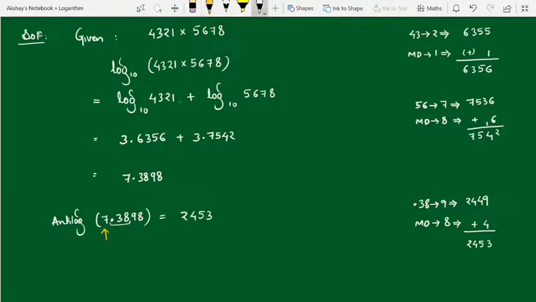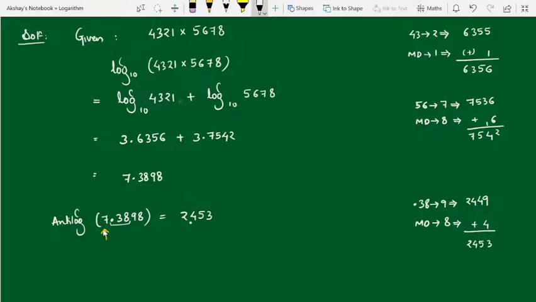Once after getting this 2453, the very next step is to introduce a decimal after the first digit. Whatever may be the first digit, here the first digit is 2, after the first digit you have to introduce a decimal point.